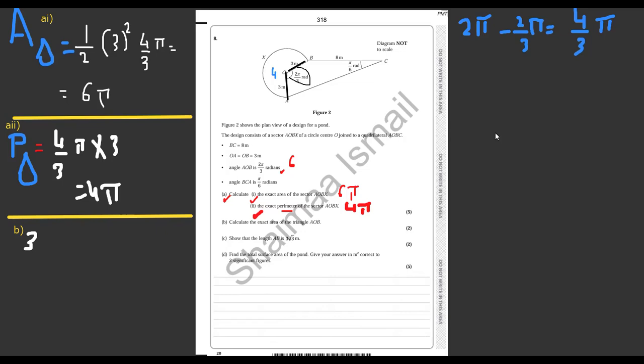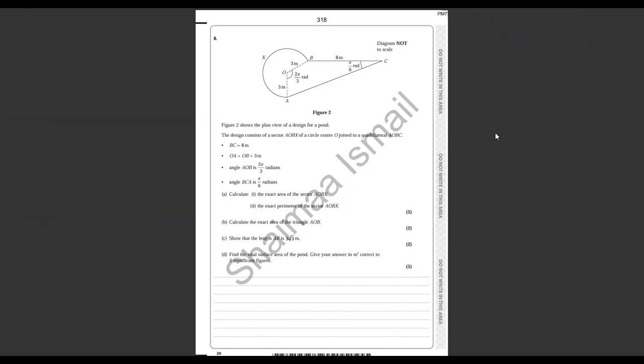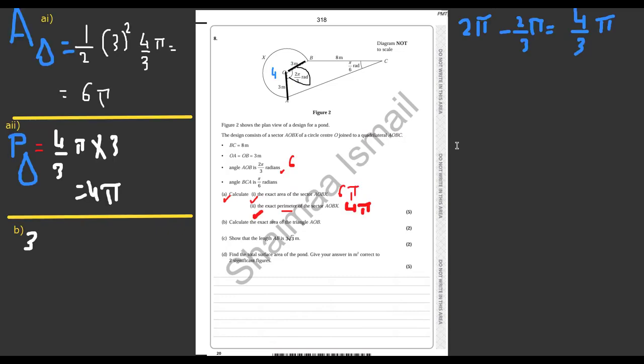So what we do, we apply the rule, which is half multiplied by 3, multiplied by 3, multiplied by sine 2 over 3 pi.